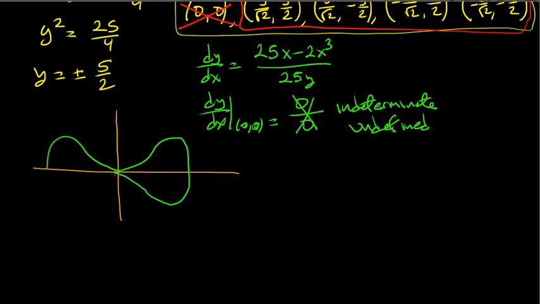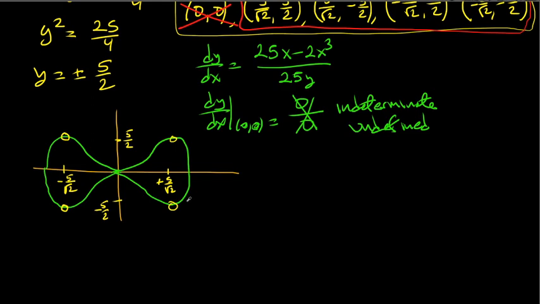Let me try that again. That's still not great. I'll try it the other way. There we go. Close enough, right? So kind of looks like a dumbbell, and the idea is when x is negative 5 over root 2 or positive 5 over root 2, y is going to be either positive 5 over 2 or negative 5 over 2, 2.5, right?